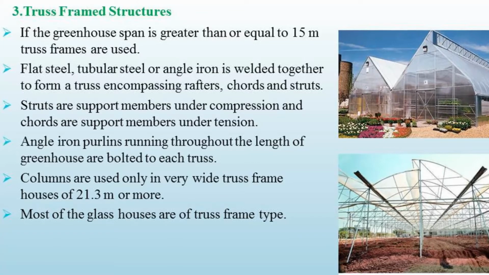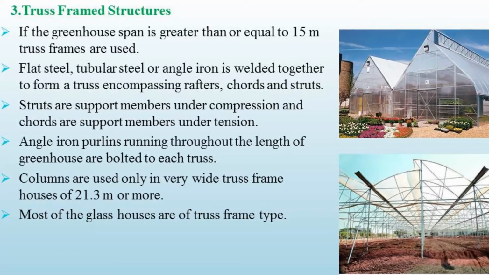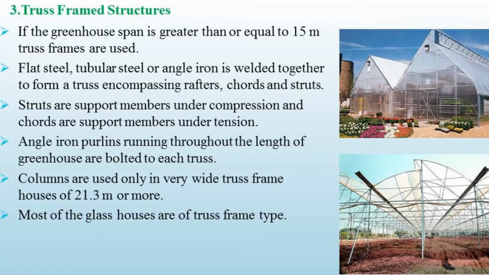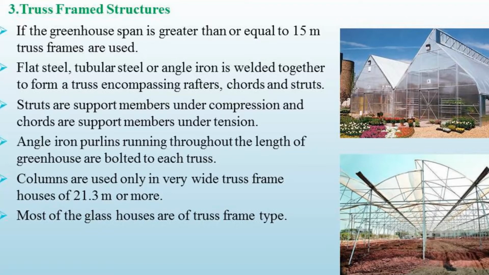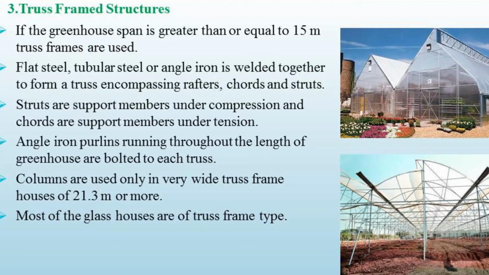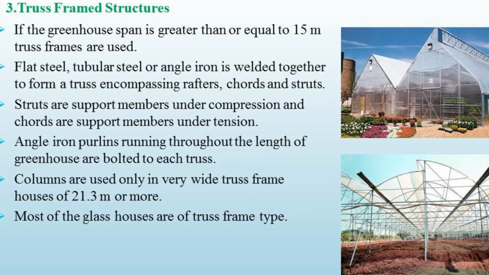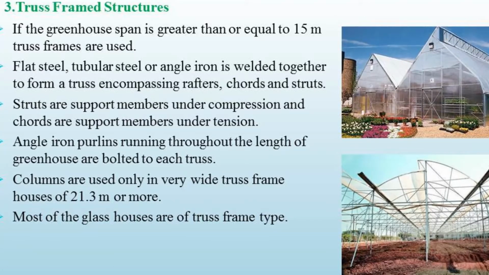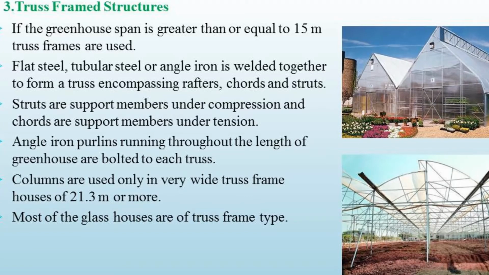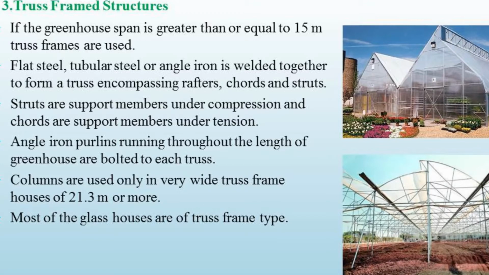Then we discuss the third type, that is truss frame structures. If the greenhouse span is greater than or equal to 15 meter, then truss frame structures are used. In this type of greenhouse, flat steel, tubular steel or angular iron is welded together to form a truss.